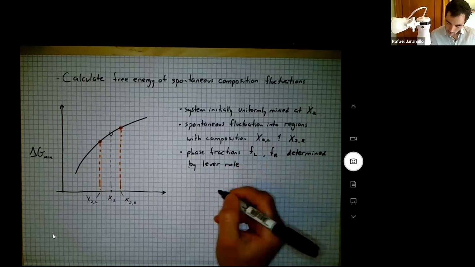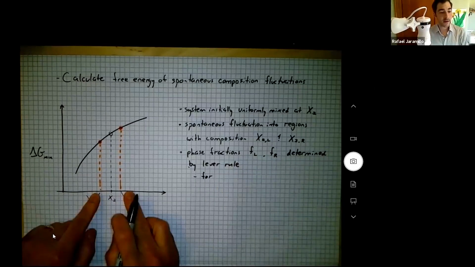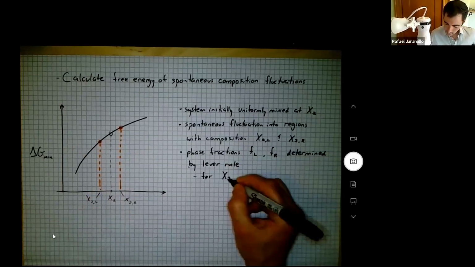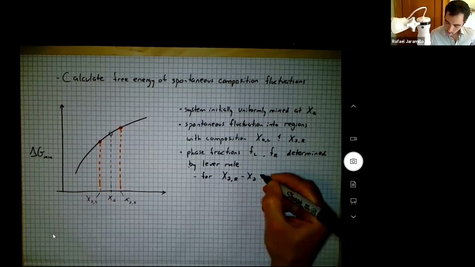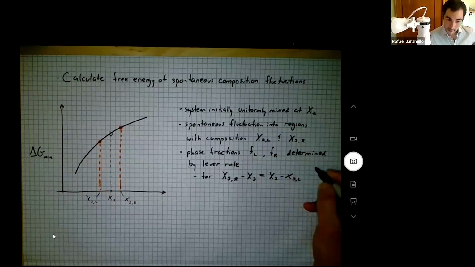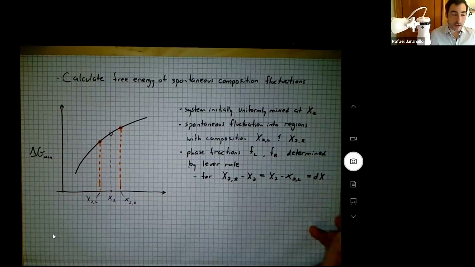But if these compositions are equally spaced around the central composition, that is x2 right minus x2 is the same as x2 minus x2 left equals, let's just say some dx, some little differential change, right?